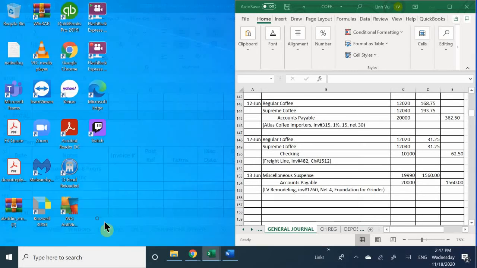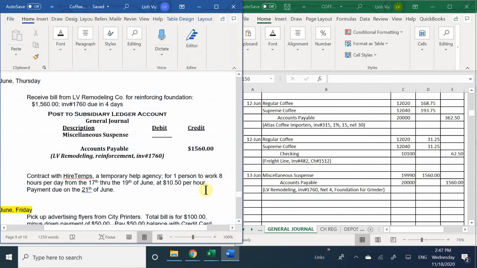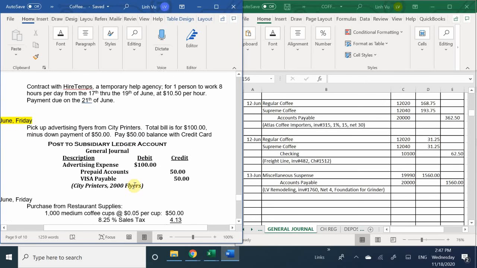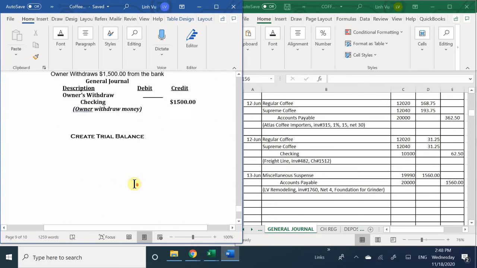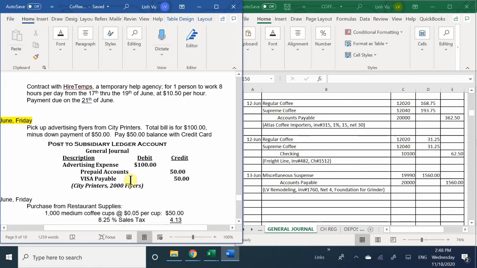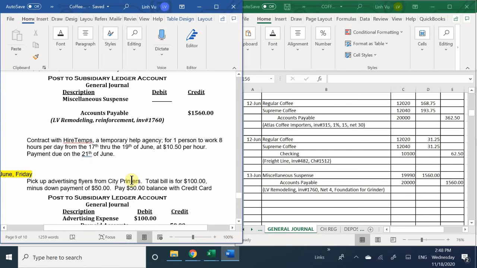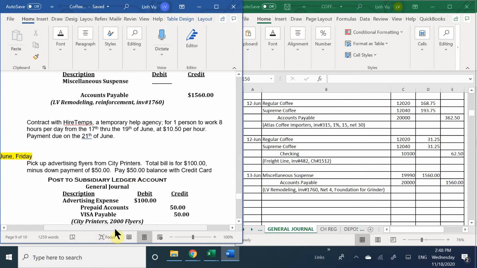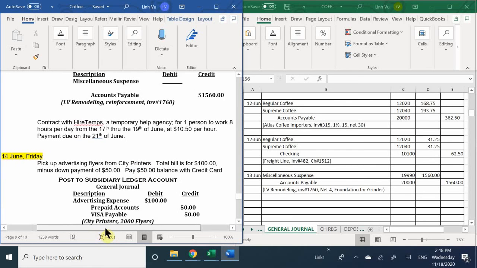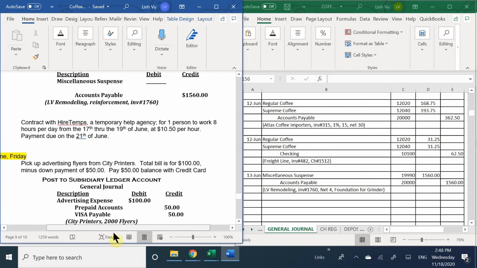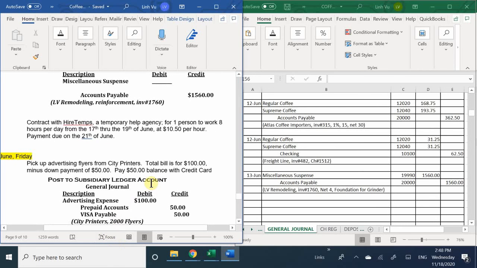So good. Now that we completed the 13th, we have now the 14th of June. So we have a couple more transactions. What has happened on the next day, on the 14th of June? Let's see here. Pick up advertising flyers from city printers. Total bill is for $100 minus the down payment of $50.